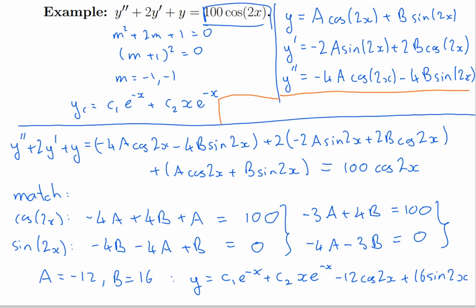What if one term in yp is a solution to the homogeneous equation? Then I would need to change my guess a little bit, and that's your challenge problem. What do you change it to?